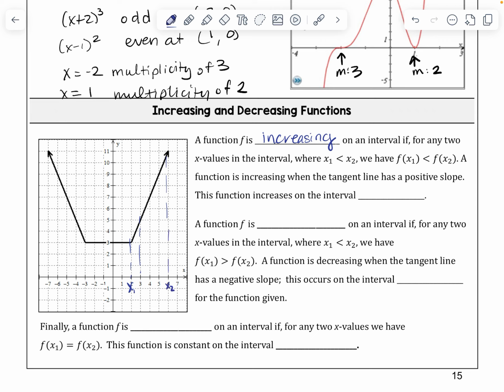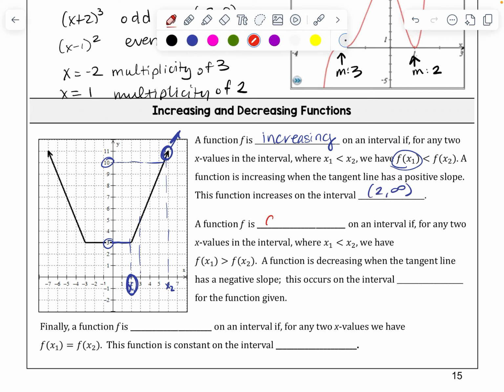As long as x1 is less than x2, where 2 is less than 6, yes, then f of x1 would be 3, and f of x2, if I look over here, is 10, so those values are less than each other, okay? So for us, that happens when x is 2, all the way, and because we have an arrow, this will say from 2 to infinity is our increasing interval.